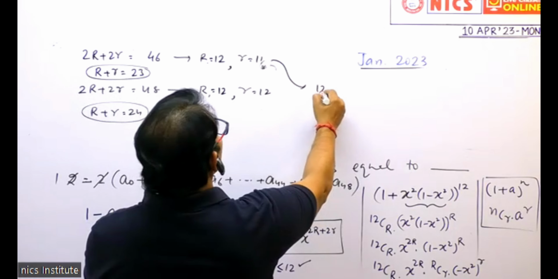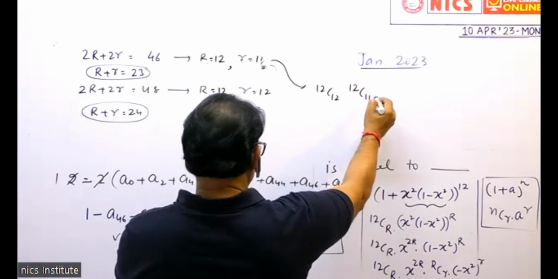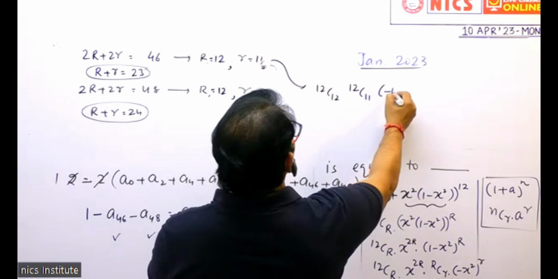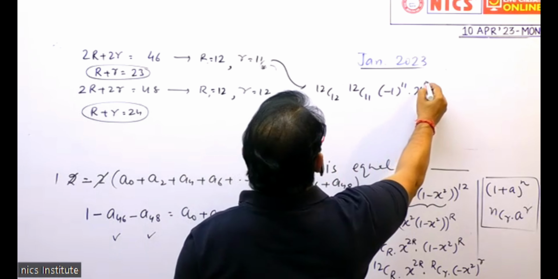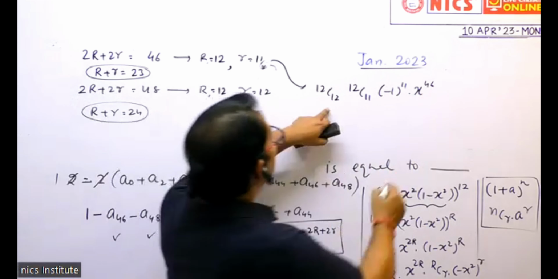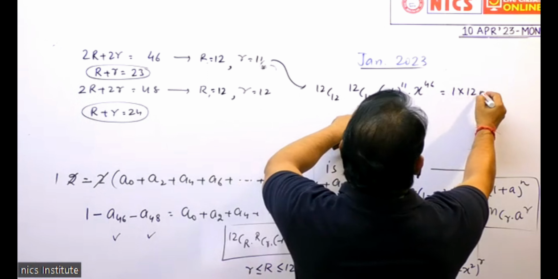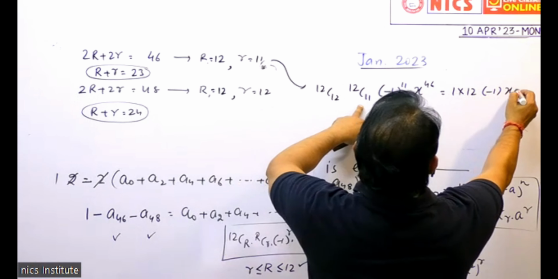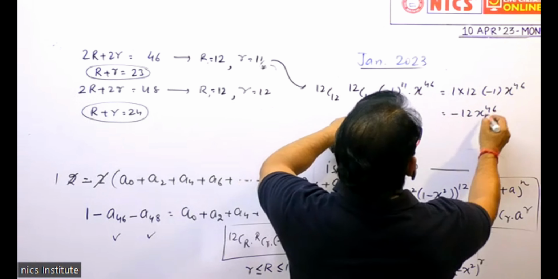It will be 12C12, 12C11, (-1)^11, x^46. So 12C12 would be 1, 12C11 would be 12C1, which would be 12, and this would be minus. So minus 12x^46.